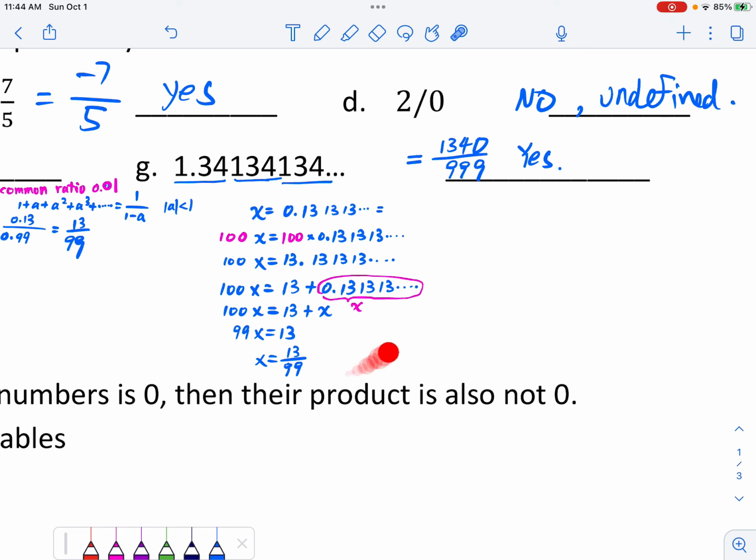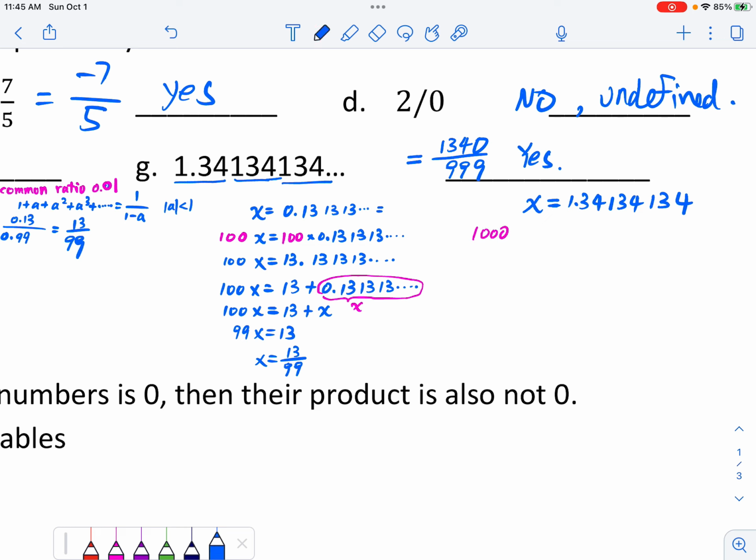Again, if I want to use this approach, let me call x as 1.34134134 and so on and so forth. I want to make sure that I see the repeating pattern, so you can try and error. I'm going to multiply both sides by 1,000.